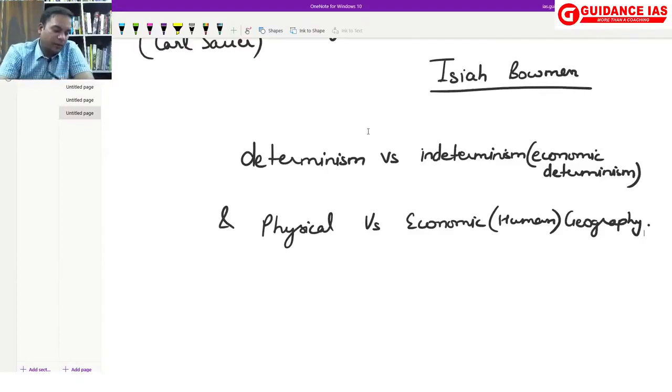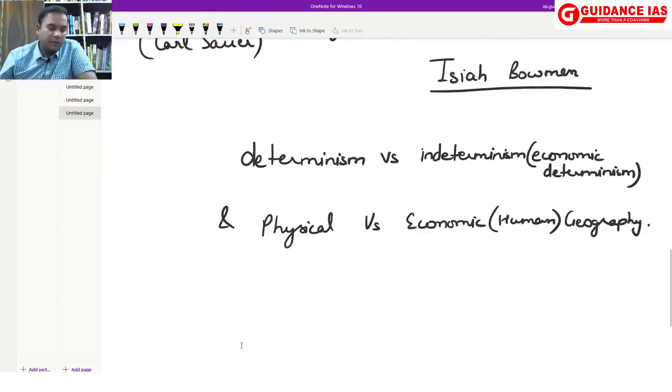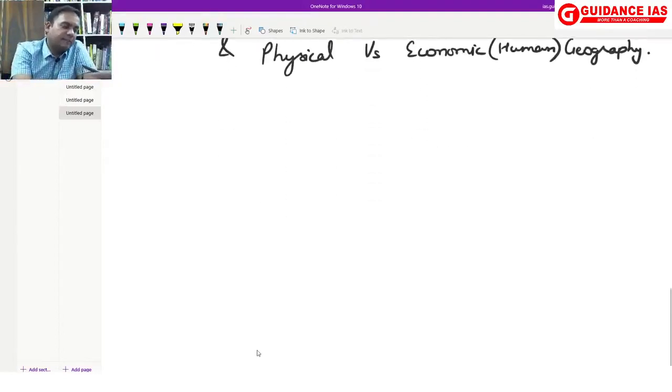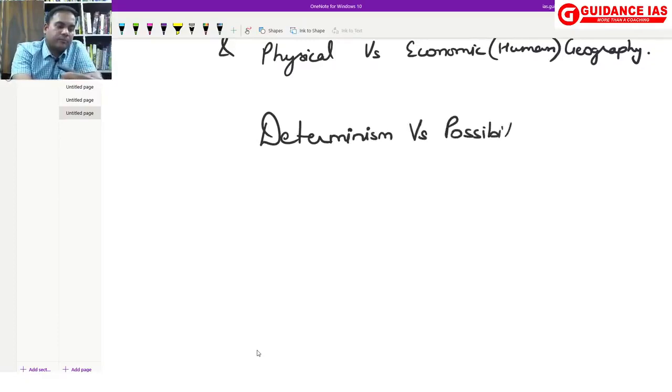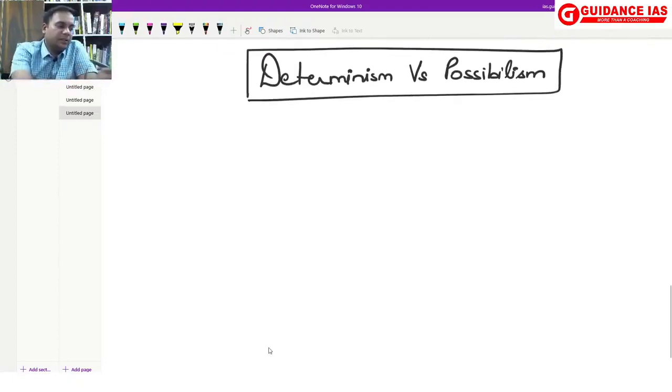Now moving on to the first dichotomy and dualism that we will be talking about today: determinism versus possibilism.